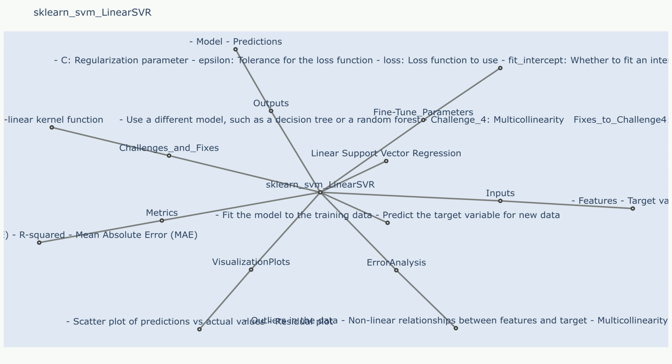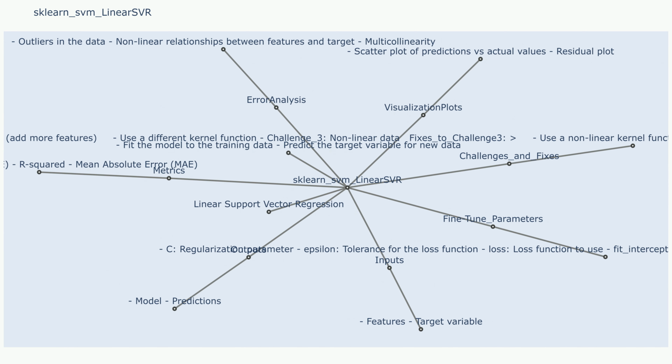Metrics. Metric 1: mean squared error, MSE. This metric measures the average squared difference between the predicted and actual values. Metric 2: root mean squared error, RMSE. This metric is the square root of the MSE and represents the average error in the same units as the target variable.